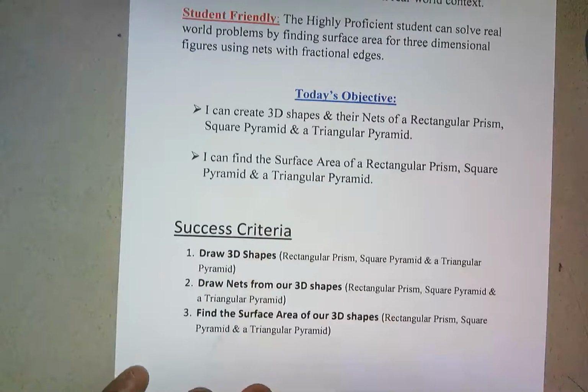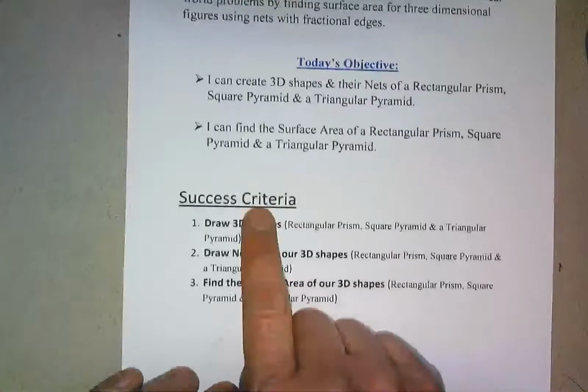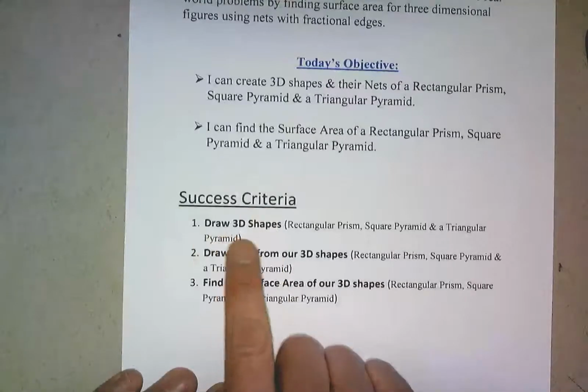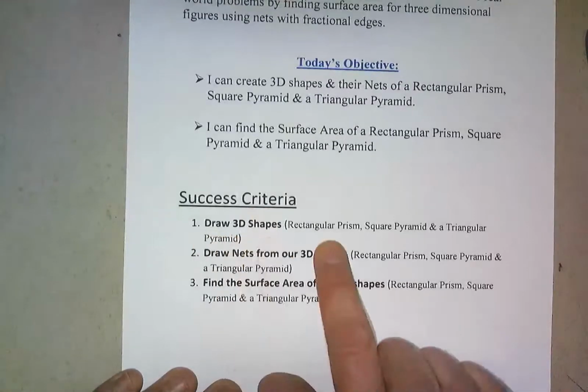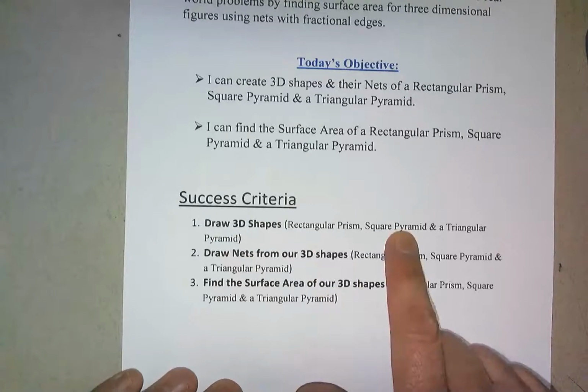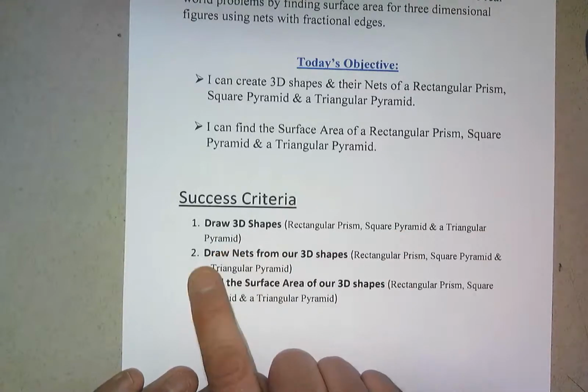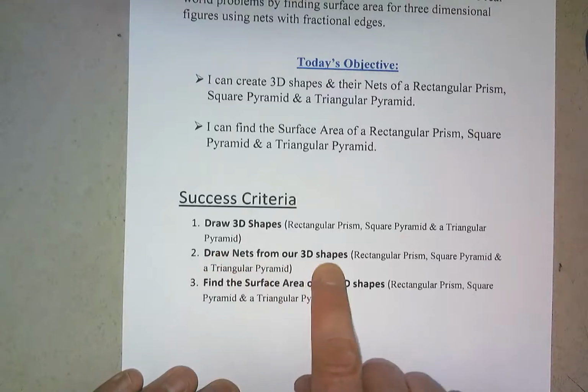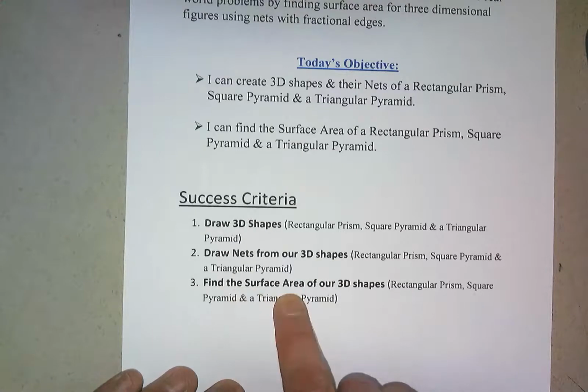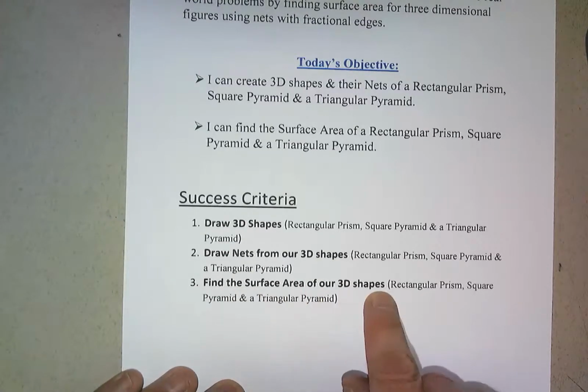Yes, we did. And were we able to follow the success criteria? Did we draw 3D shapes? The rectangular prism? Yes. Square pyramid? Yes. Triangular pyramid? Yes. Did we draw nets from our 3D shapes? Yes. And did we find the surface area of our 3D shapes? We did.